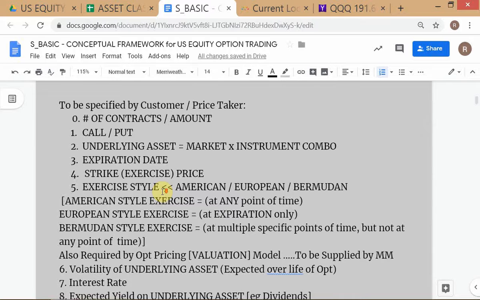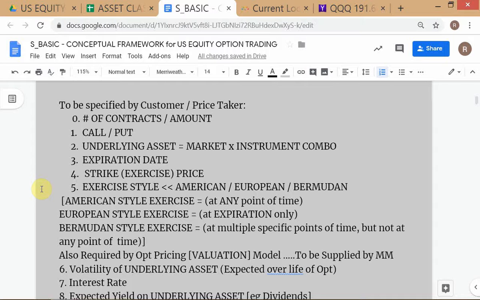There's another element to understand. Because an option is a contract, it confers certain rights, and one of those rights talks about when you can exercise. If it is American style, you can exercise at any point of time from the time you buy the option till the expiration date. If it is European, it is only at the end of the period. And if it is Bermudan, then it is at specified points of time.